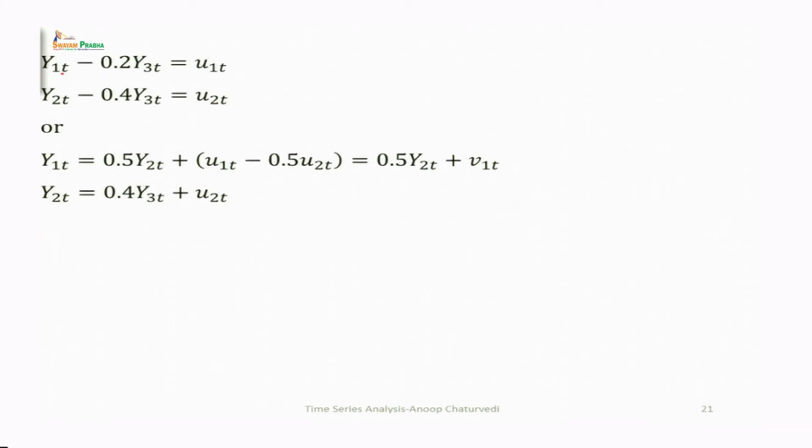And then you have the equations y1t minus 0.2 y3t equal to u1t and y2t minus 0.4 y3t equal to u2t. These are the equilibrium equations, or you can write these two in this form. y1t is equal to 0.5 y2t plus v1t and y2t is equal to 0.4 y3t plus u2t.